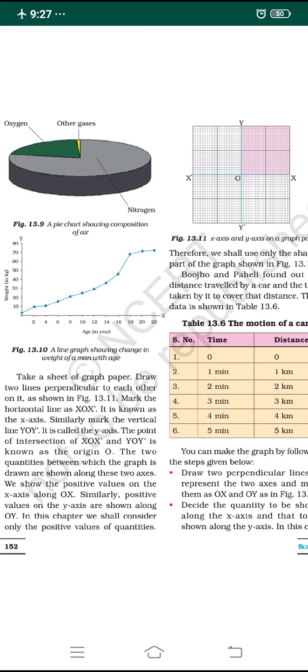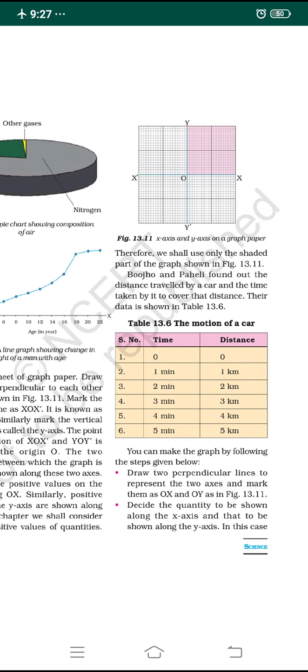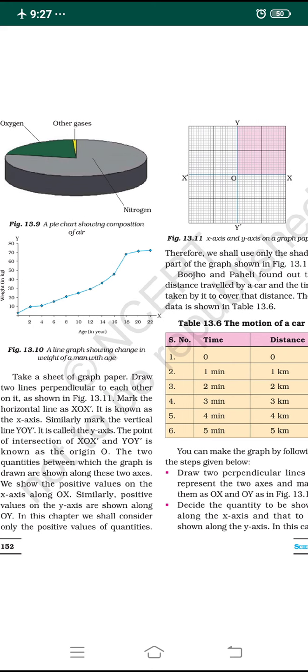In this chapter we consider only the positive values of the quantities, along OX and along OY.